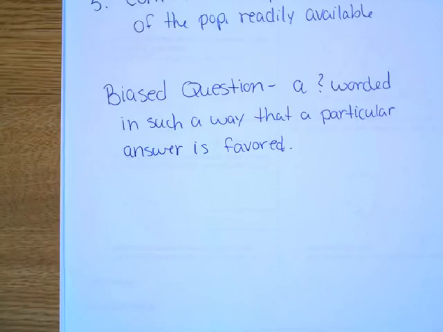Or I could say, do you agree with President Obama's idea to give free community college that's going to cost the taxpayers lots and lots of dollars? See how I put 2 different spins on that same question? One, I made it look like everybody's going to get educated and be better off. The other, it's going to cost taxpayers lots of money. So I worded that two ways, one to favor it and one to be against it.